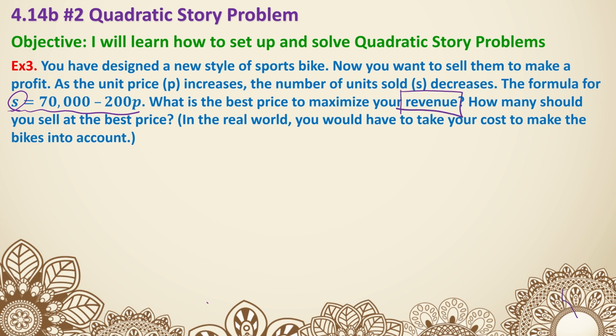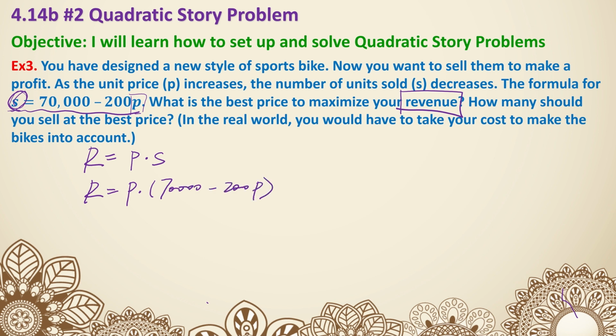Well, in order to calculate the revenue, again, you need a unit price multiplied with a unit sold. In this question, you are already given the representation of the unit sold using the unit price. So we can actually directly use it. That means my R is actually going to be P times S, with S being represented with P. So 70,000 minus 200P.